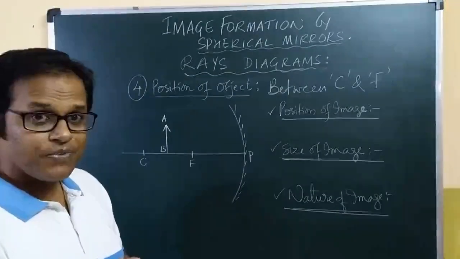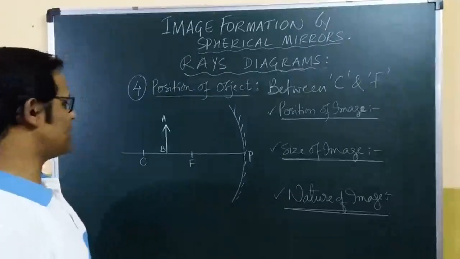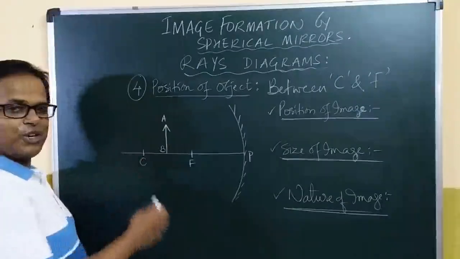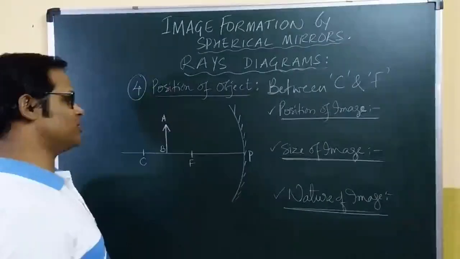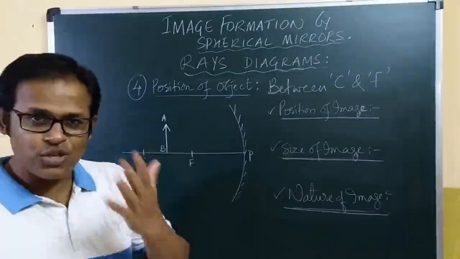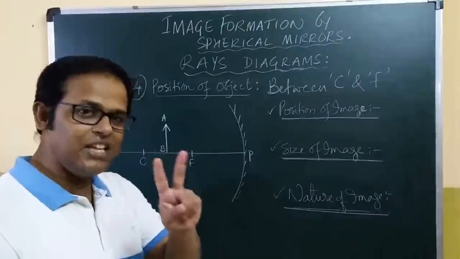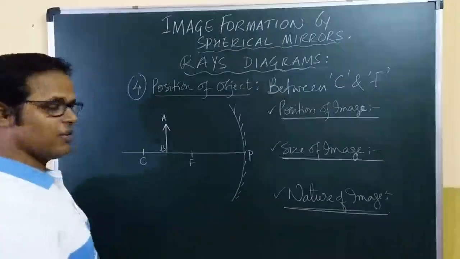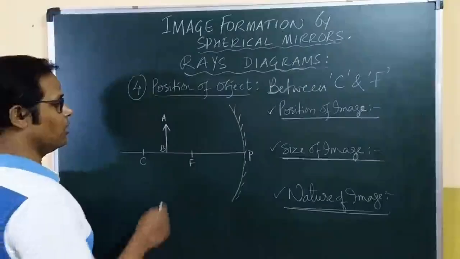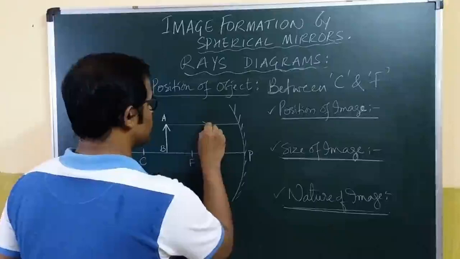Now, yes, you are correct. You are a smart kid. The image is going to be beyond the center of curvature. I think you can even pause this video and try by yourself how to construct a ray diagram using any two principal rays, whichever you find comfortable to draw. So let me use the principal ray 1, which is always comfortable.